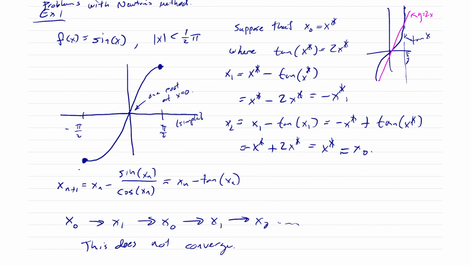And so what went wrong? Well, basically, we didn't choose epsilon small enough.